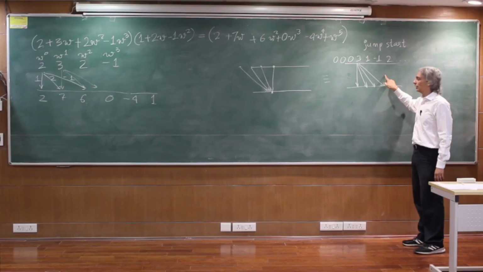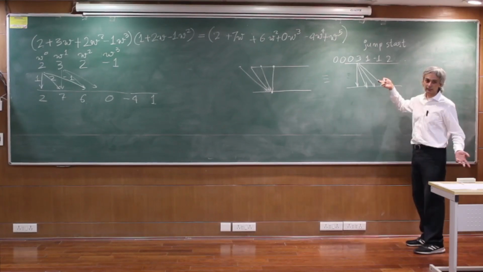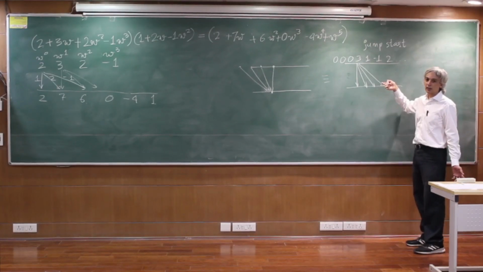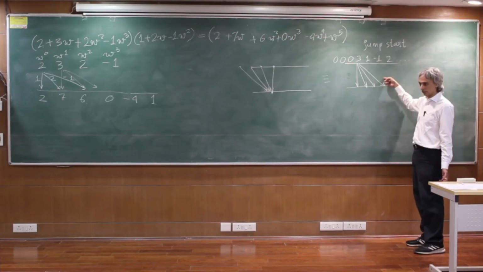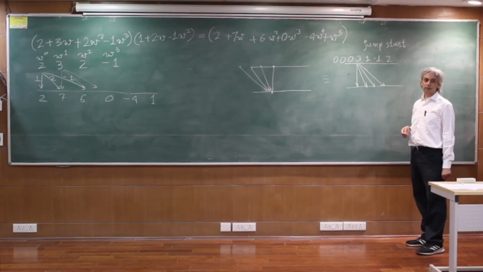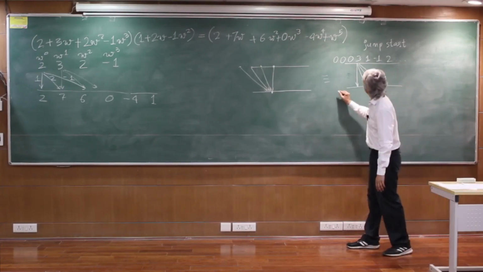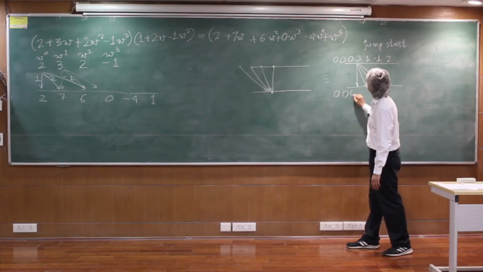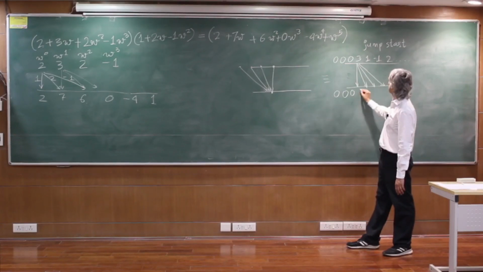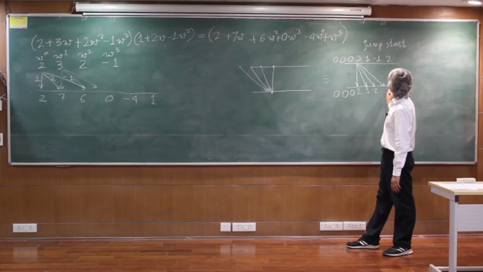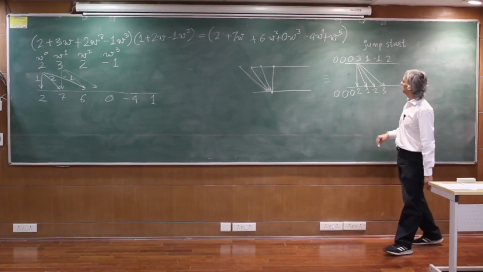Okay. Now, tell me something very easy. If a causal convolution encounters a jumpstart signal, what will it produce? A jumpstart signal. Okay? So, non-zero values will start only from here onwards.